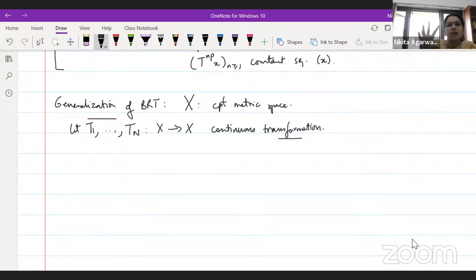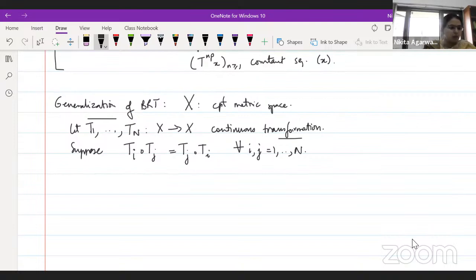So in some way, they transform the space, right, when you apply the map. That's why they are called transformations. They are transformations such that, suppose they commute. So Ti composed with Tj is the same as Tj composed with Ti for all i, j. So they're called pairwise commuting transformations.